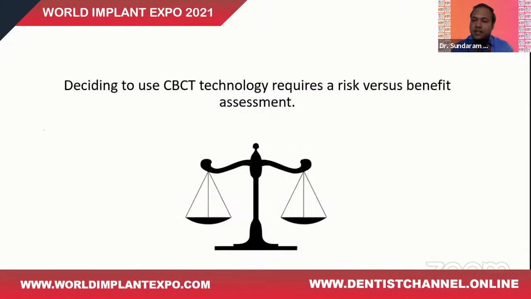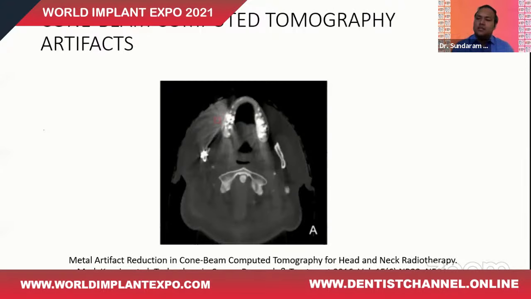Whenever we decide on any investigative modality, we have to weigh the risk versus the benefit. Which one outweighs the other? That is what will make us indicate whether to use that investigative modality or not. The cone beam CT also comes with flip side defects. In this case, this is an axial image of a patient who has had a CBCT done.